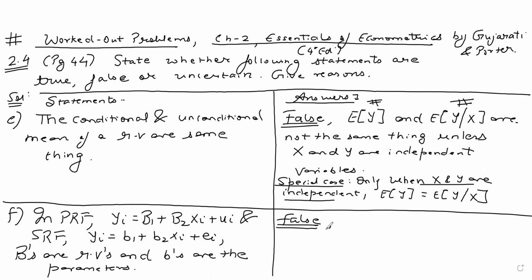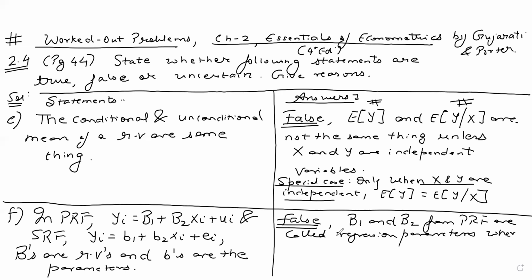The statement is false. Okay, because if you look at the population regression function, B1 and B2 from the population regression function are called the regression parameters, where B1 is the intercept parameter and B2 is the slope parameter.